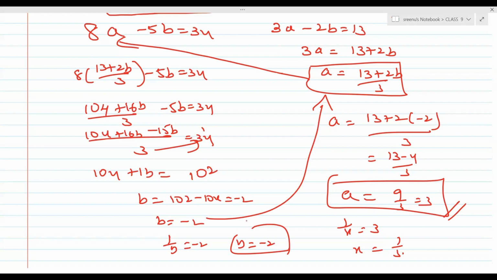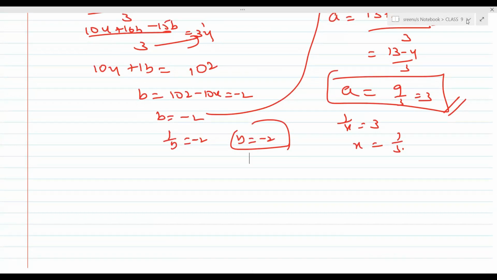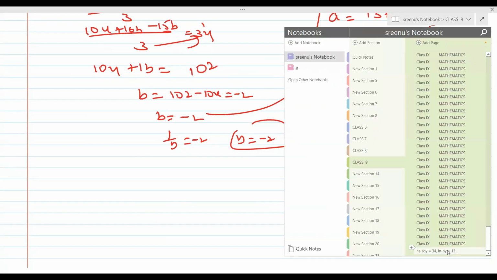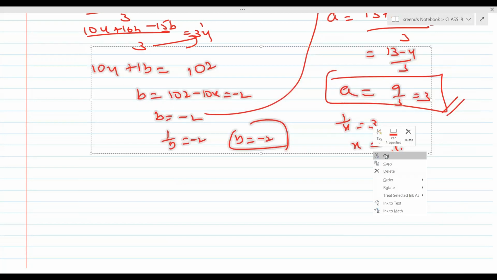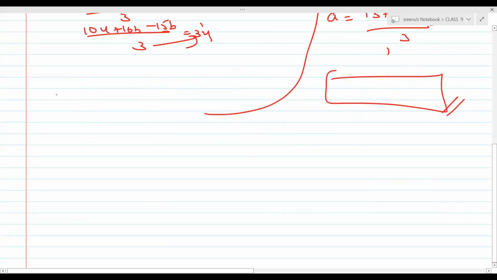Then after that, I told you about systems of linear equations with some conditions: a1 by a2 not equal to b1 by b2, and a1 by a2 equal to b1 by b2. Single solution, no solution, unlimited number of solutions. Do you remember? Single solution means intersecting lines.